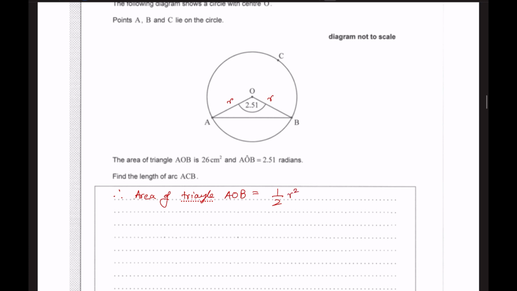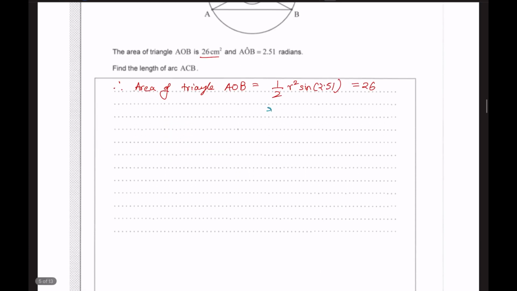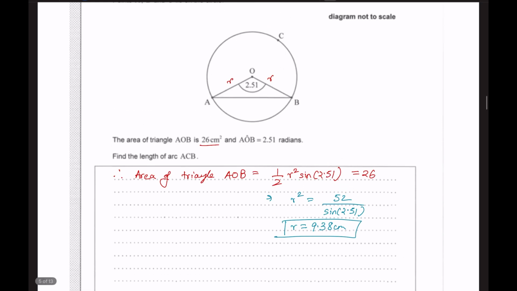So it's half R squared sine 2.51 radians. This is the expression for area, and I know that this area is equal to 26. So r squared would be 26 times 2, which is 52, divided by sine 2.51. If I plug everything in my calculator, I'll get the value of r as 9.38 centimeters. That is the radius of this circle.